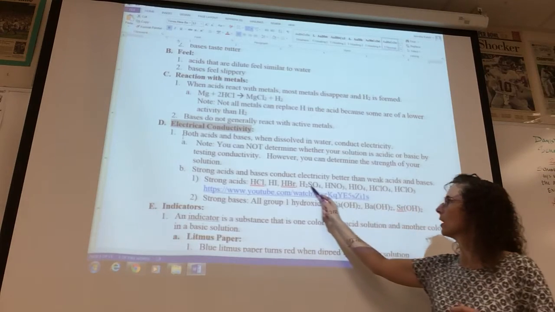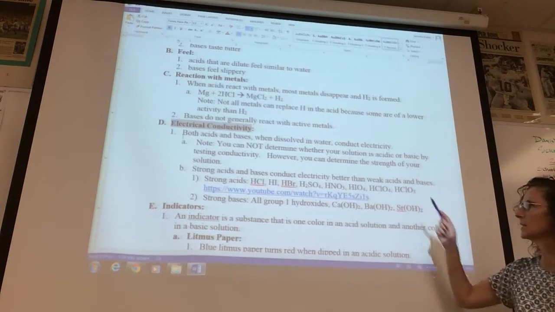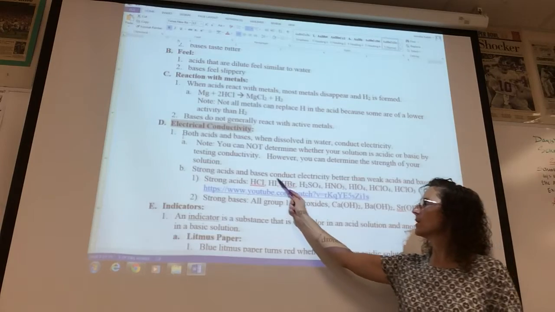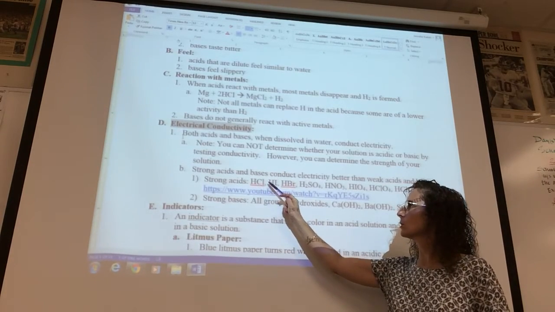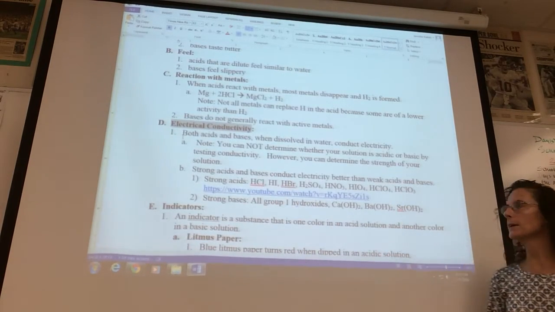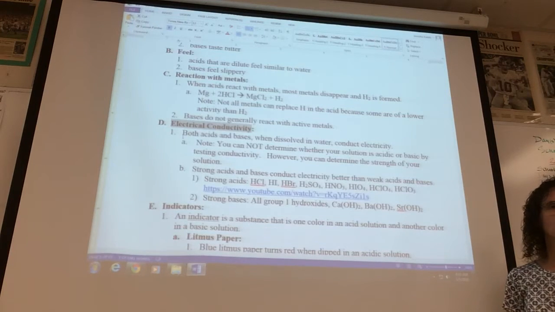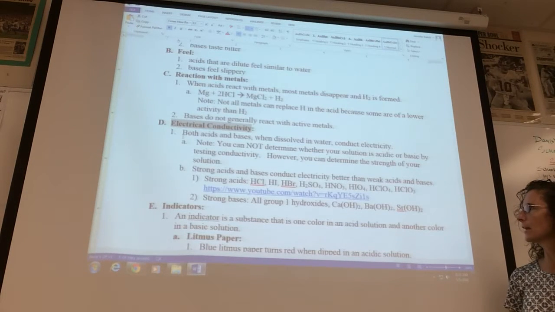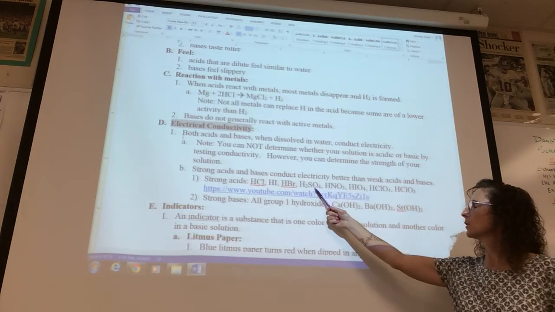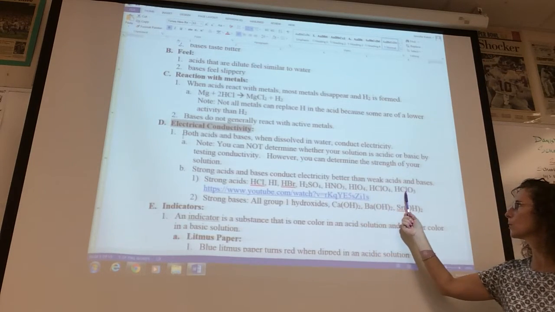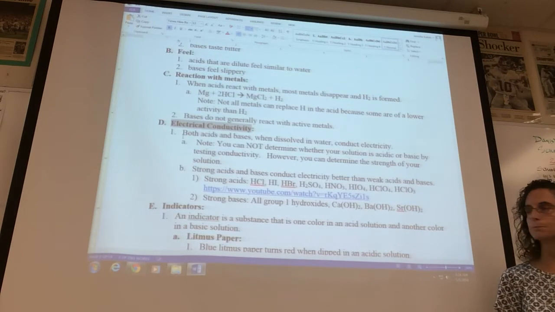There are 8 strong acids that you will need to commit to memory. 3 of them are binary: hydrochloric, hydriodic, hydrobromic, and 5 of them are ternary, and we'll talk more about ternary acids when we name them: sulfuric, nitric, periodic, perchloric, and chloric acid.